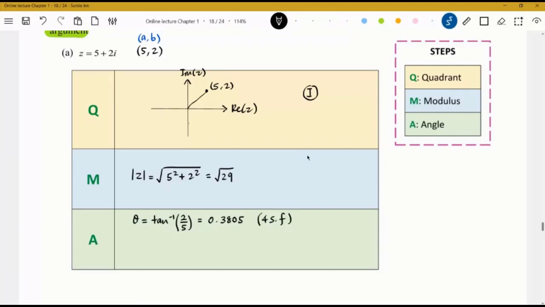Okay, so kita recap sikit untuk significant figure dan decimal places. 0.3805 adalah 4 significant figure, but then we have 4 decimal places. Okay, kalau saya ada 1.2503. So yang ini adalah 5 significant figure, tapi dia adalah 4 decimal places. So untuk significant figure, kita akan start kira daripada nombor selain kosong.